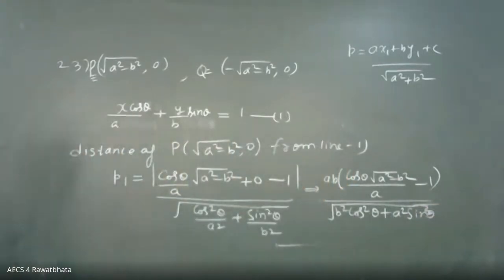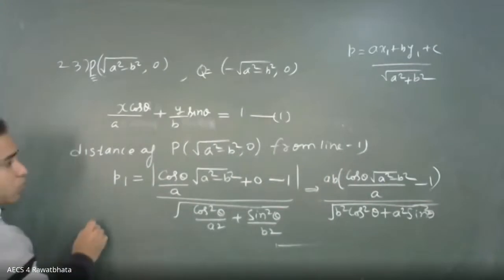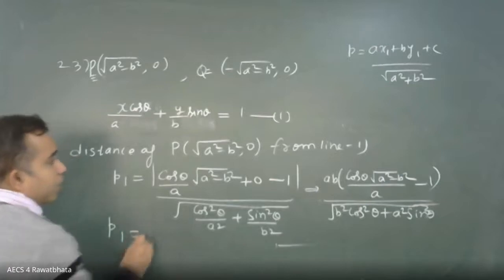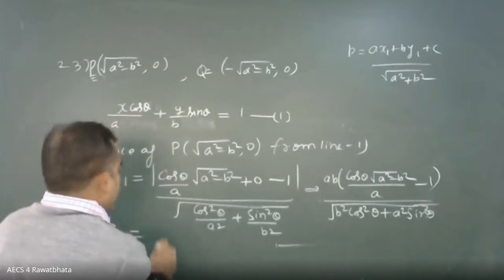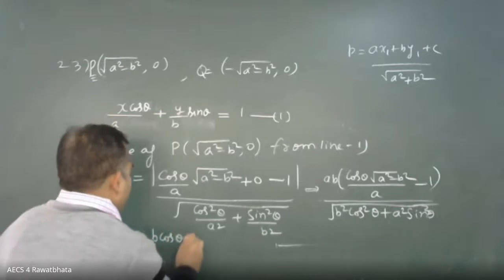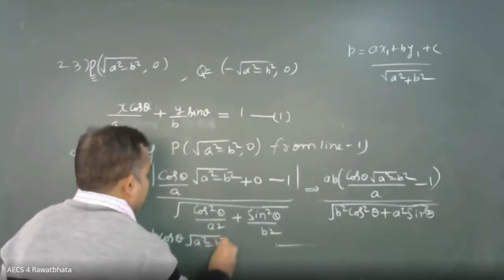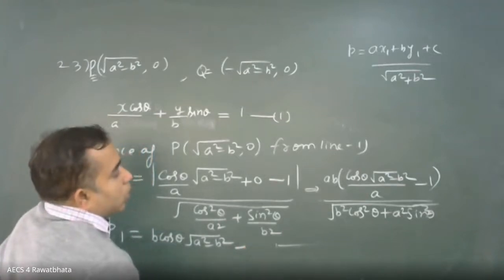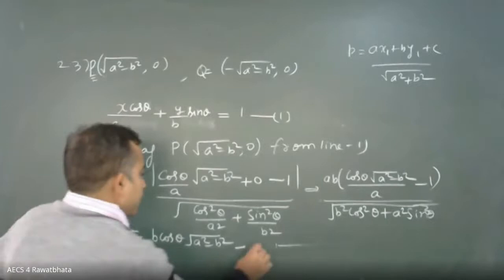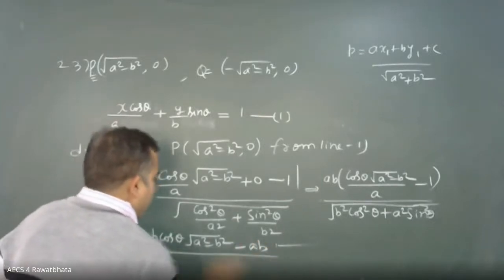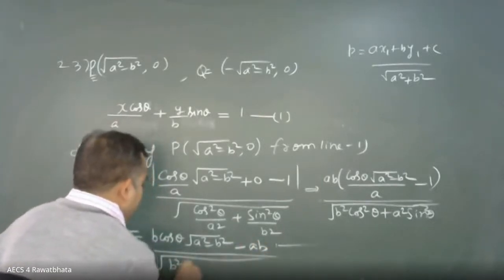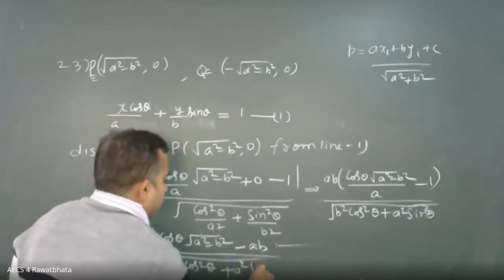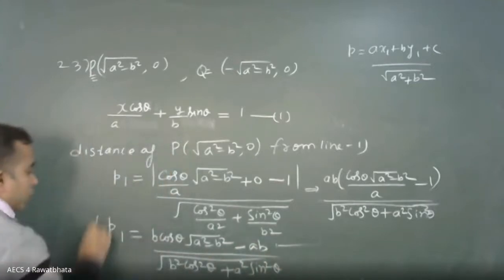So a gets cancelled, taking LCM, then P1 will be b cos theta into root of a square minus b square minus ab, whole upon root of b square cos square theta plus a square sin square theta. This is P1.